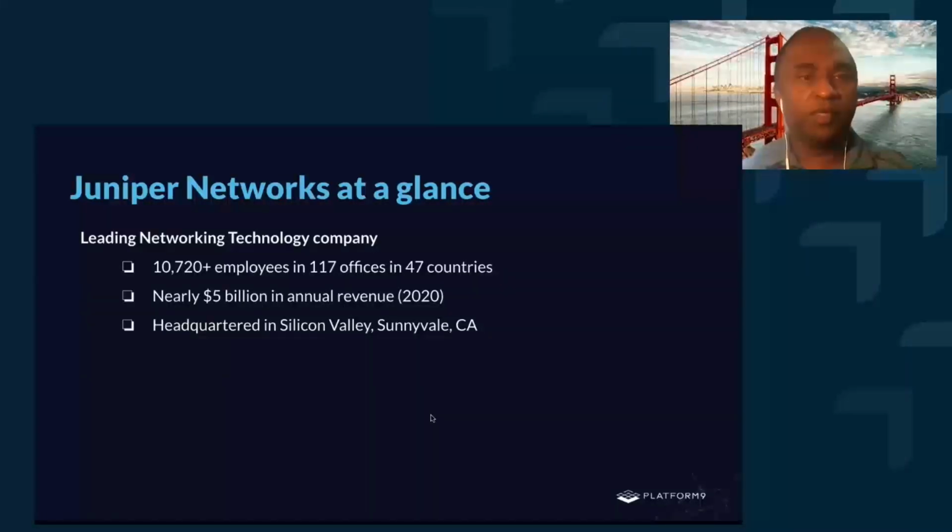It's globally distributed with over $5 billion in annual revenue. Headquarters in Silicon Valley, been in business for a very long time, couple of decades. This is my opportunity to shed some light on how we did the digital transformation into the Kubernetes containers and Dockers in terms of orchestration and how we enabled the digital transformation in the company.